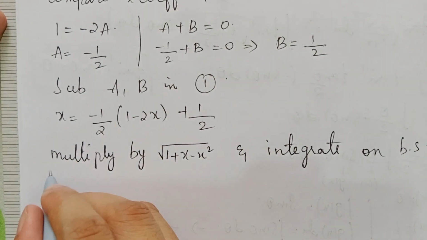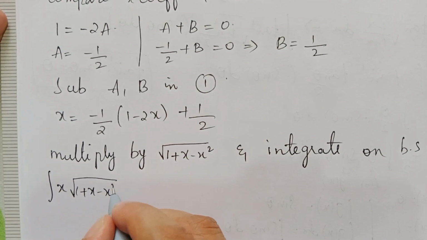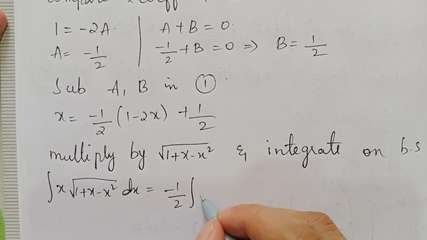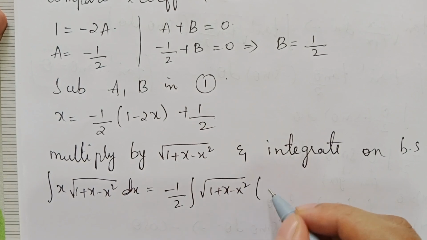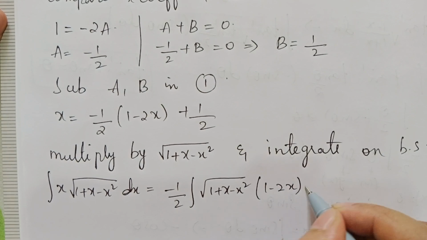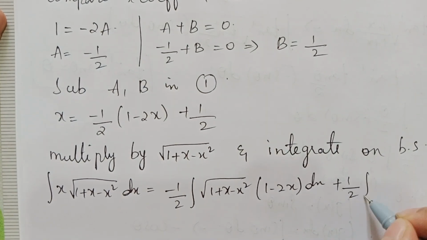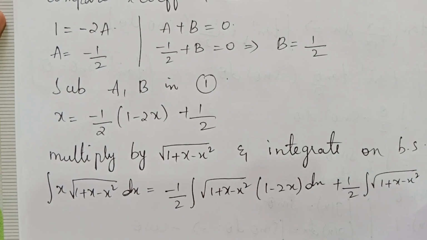So we'll get integral x into root of 1 plus x minus x square dx is equal to minus 1 by 2 integral root 1 plus x minus x square into 1 minus 2x dx plus 1 by 2 integral root 1 plus x minus x square dx.